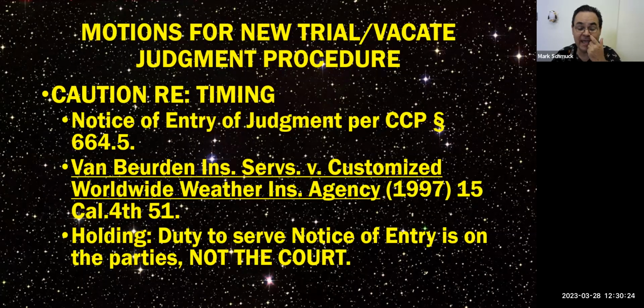The Van Buren case is extremely important because the holding is that if the court is the one that serves the judgment and there is no notice of entry of judgment served by a party, then for purposes of a motion for new trial and a motion to vacate judgment, the notice of entry has not been served, with 2 very narrow exceptions.